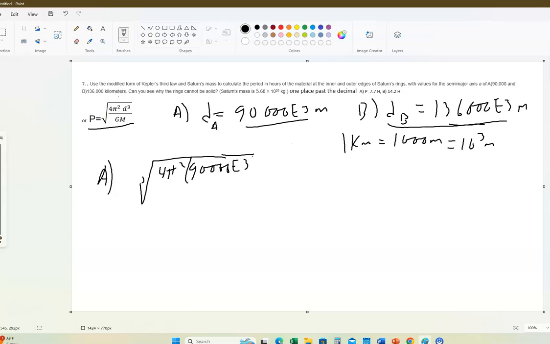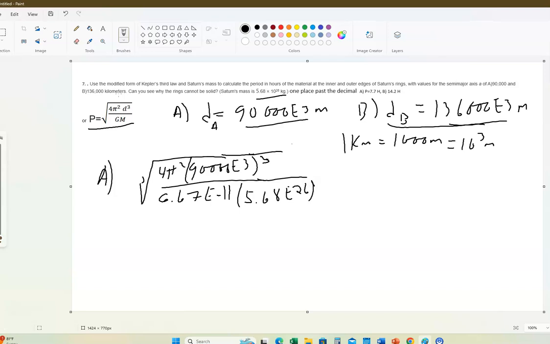It's under the square root, and it's cubed, sorry, not squared. Then divided by big G, which is 6.67 times 10 to the minus 11th, and then times the mass of Saturn, which they give us right here: 5.68 times 10 to the 26th. And of course it's in kilograms, so we're good to go.